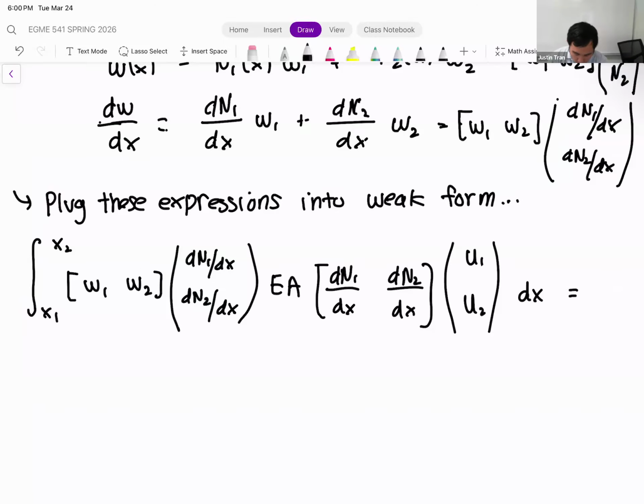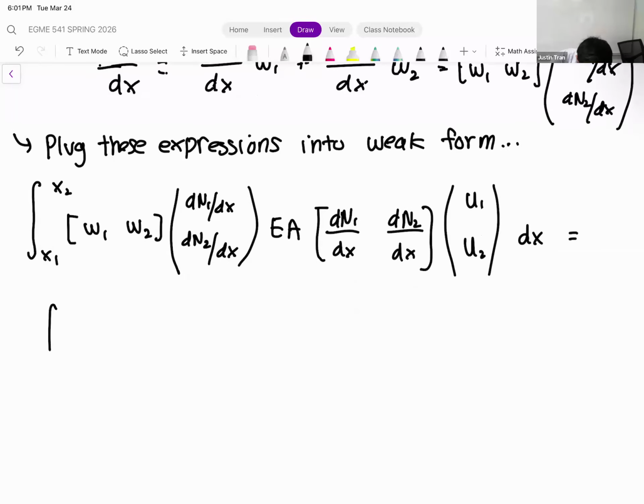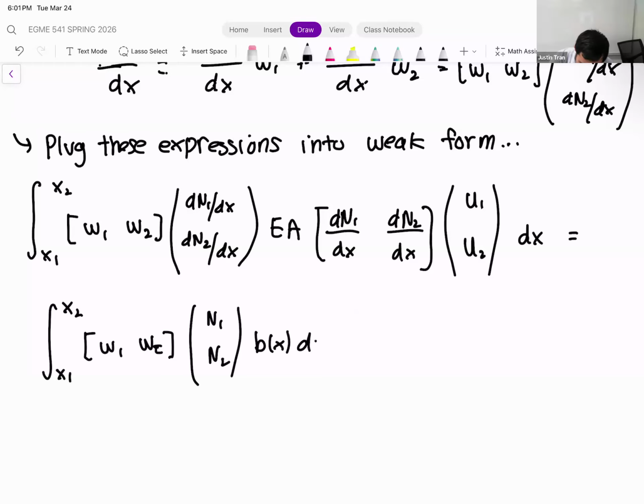next, we're going to plug in for the source terms. So we're going to have the integral from x1 to x2 of w of x, which we know is w1, w2 multiplied by N1, N2, times b of x dx. Plus, we have our Neumann boundary condition term.